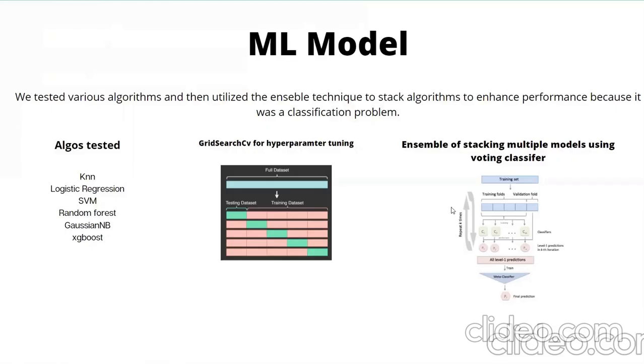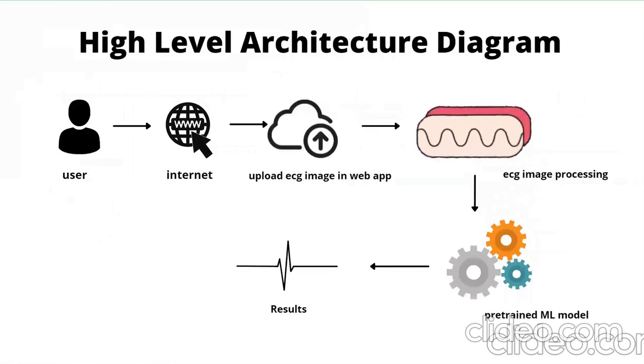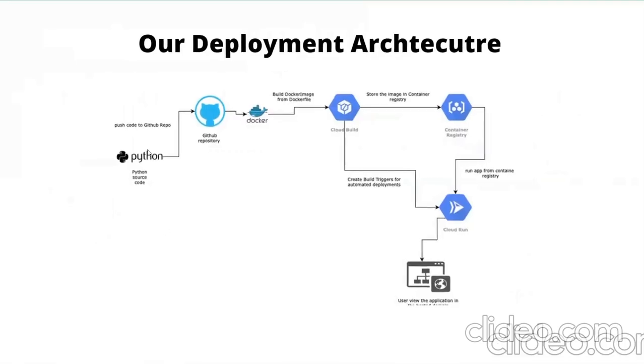So with this understanding of the models that we used, moving ahead, I'll just go with the deployment and come back to the higher-level architecture. This is how our deployment architecture is. Whenever there is a change in the Colab, or any changes that we make to the source code, as and when it is pushed to GitHub, there will be an auto trigger enabled because of the webhook that we have.